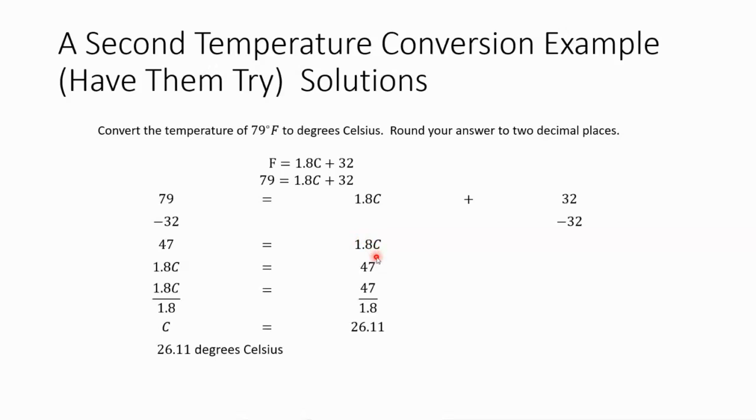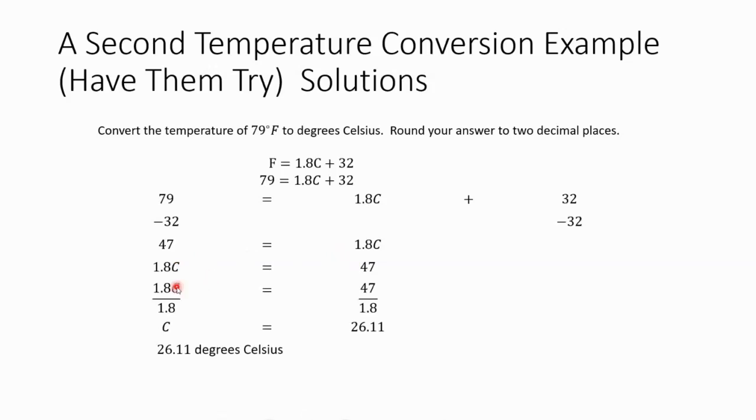The next step, this is just the mathematician part of me, but it's good to have the unknown on the left side. That's what I've been told by other mathematicians. If you forget to do that on an exam, I'm not going to take points off. But anyway, so I have 1.8 times C equals 47.